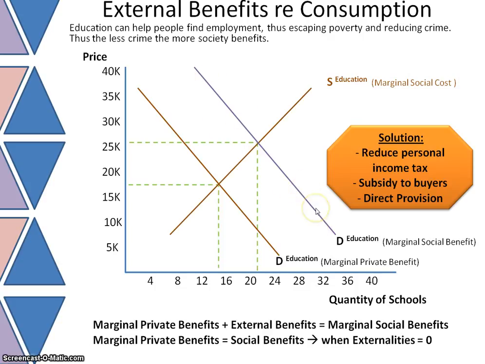And as we said before, the more people that are educated, the more that society may benefit from reduced criminal behavior. So our goal would be to get demand for education to be on this curve, the marginal social benefit curve. We want society to operate on this demand curve as opposed to this demand curve, the one closer to the left.